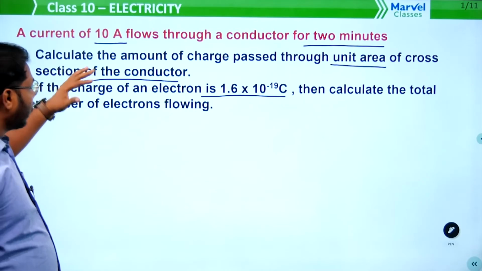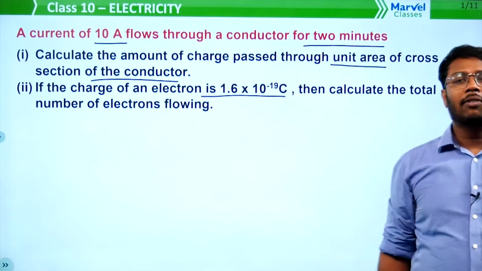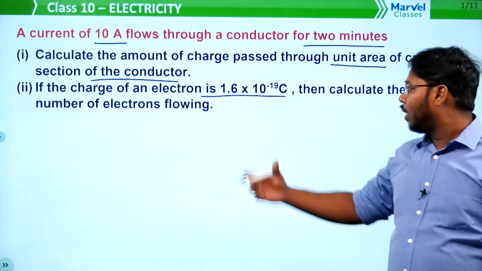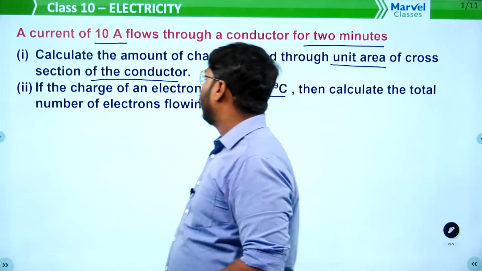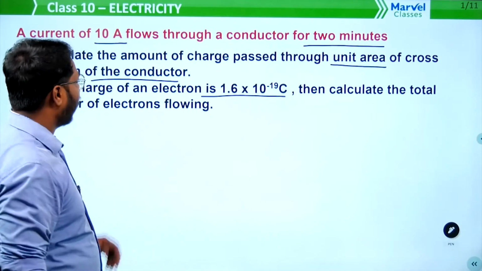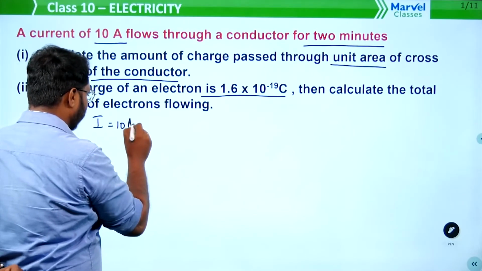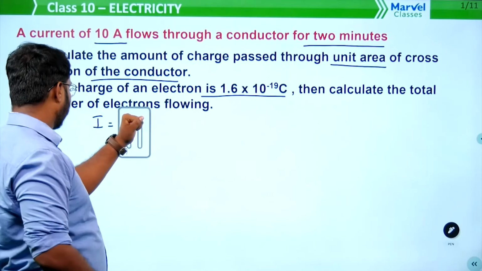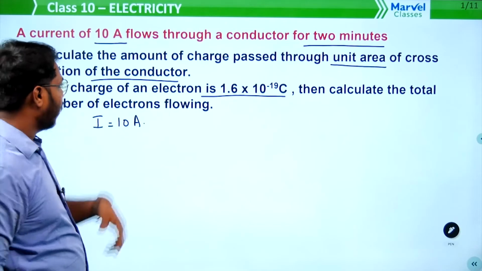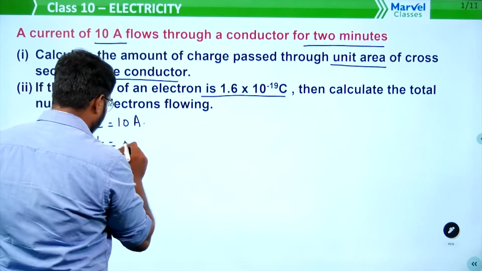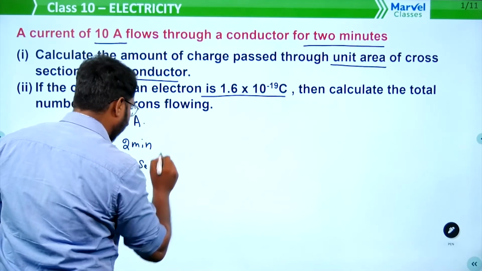In the first case, you have to find the quantity, and in the second case, you have to find the number. So let me put it in a straight fashion: I is 10 amperes, given, and the time is 2 minutes, which is 120 seconds.